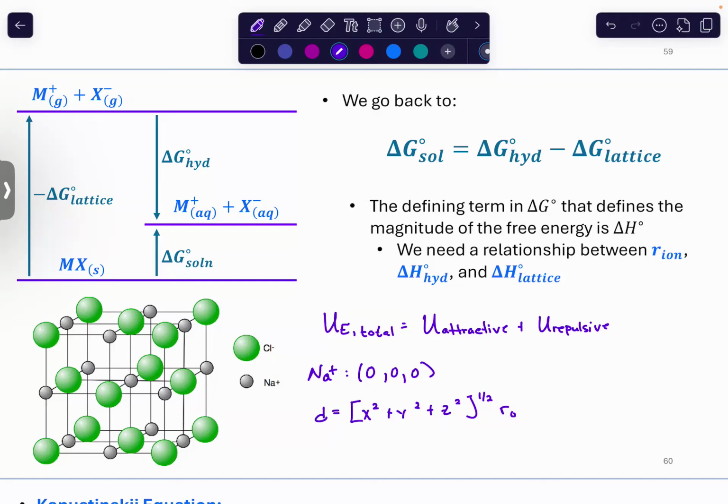So if I wanted to know the position of that with respect to that central sodium, do you know what I just did there? I guess I don't. So that's a position vector. It's just a vector?